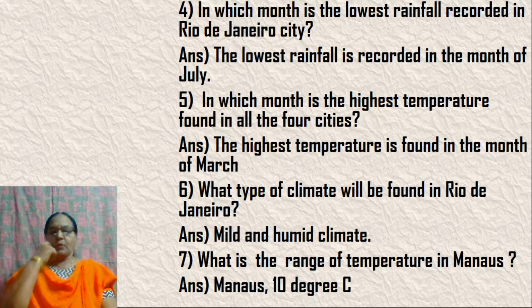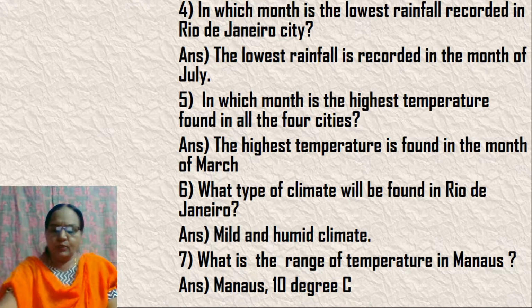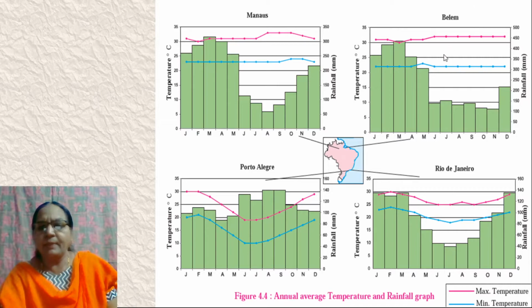So the lowest rainfall is recorded in the month of July in Rio de Janeiro city. In which month is the highest temperature found in all the four cities? In all the four cities means Manaus, Belém, Porto Alegre, and Rio de Janeiro.